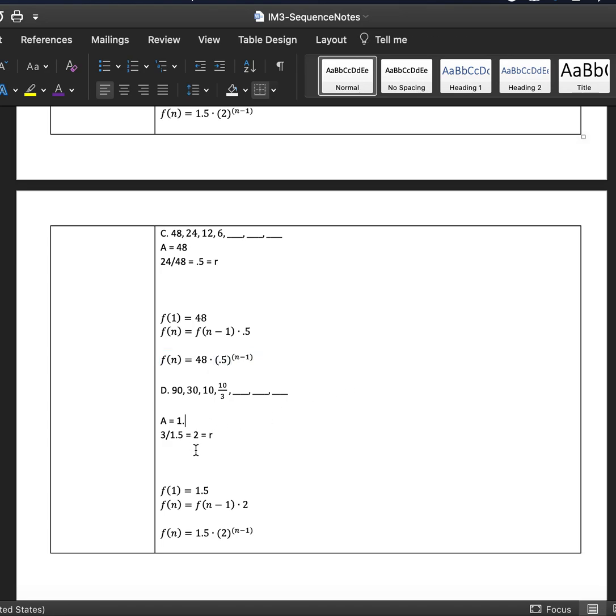On this one, same kind of thing. So our first term is 90, and if we did 30 divided by 90, you'll notice that essentially it's dividing by 3, but this is going to give us 0.33333333 forever, or 1/3 if you notice that, okay? And so when we do our recursive formula, our first term is 90, and then our common ratio is going to be that 1/3.